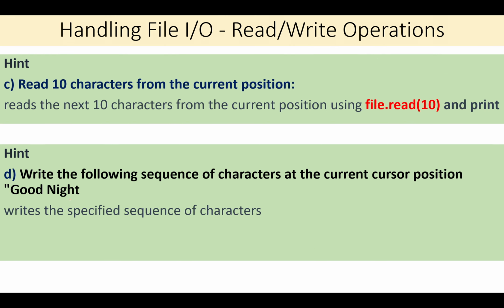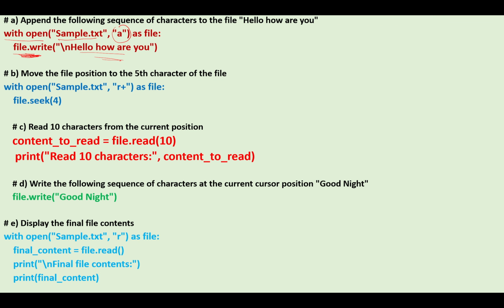Okay, so I will go now to the B part. I want to move the file position to the fifth character of my file. So again we open my text file in read mode, and then I use this line, file.seek(4). It moves my cursor to the fifth character of the file.